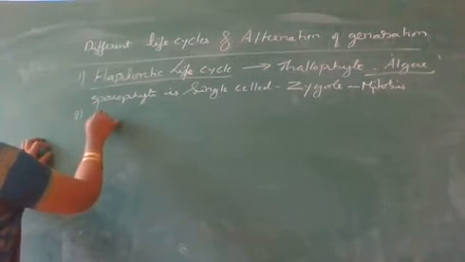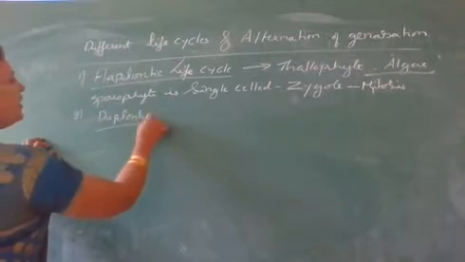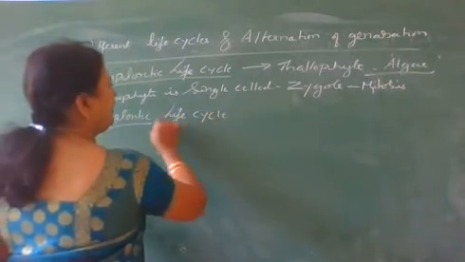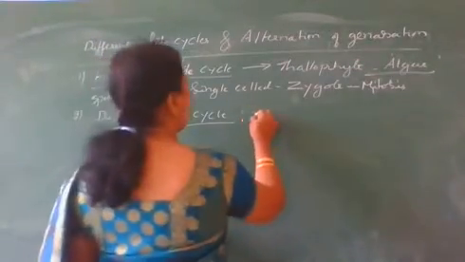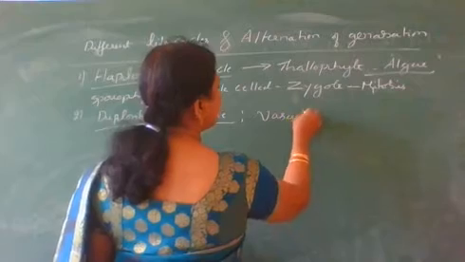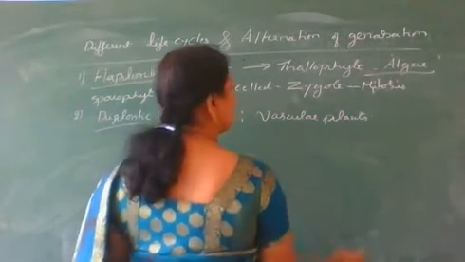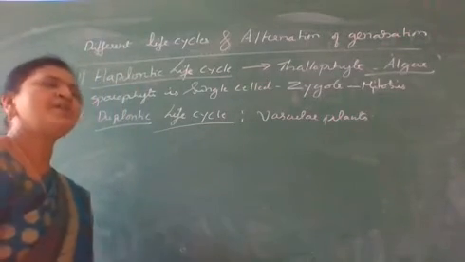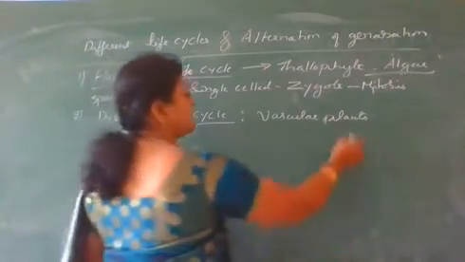And the second is called diplontic. As the name itself indicates, the diplontic life cycle is the characteristic feature of all vascular plants that include mainly the pteridophytes, gymnosperms, especially the higher vascular plants we see.